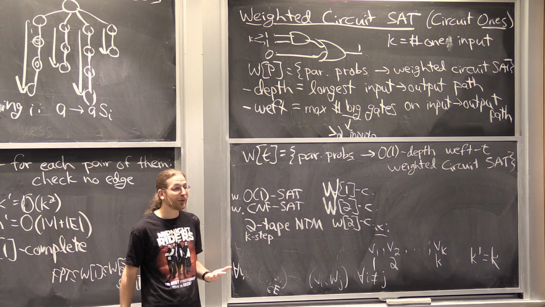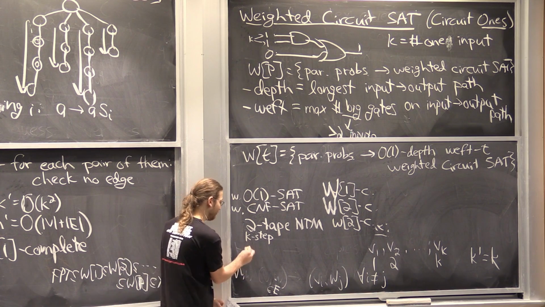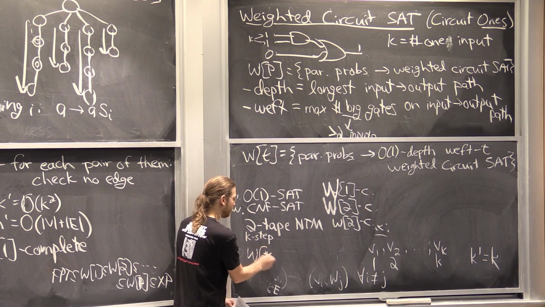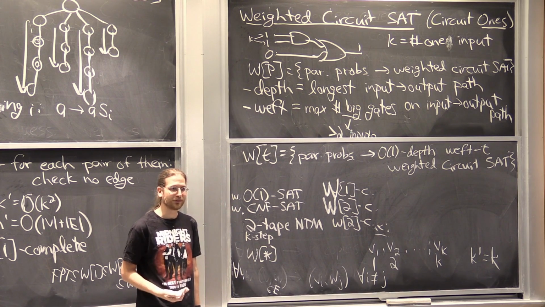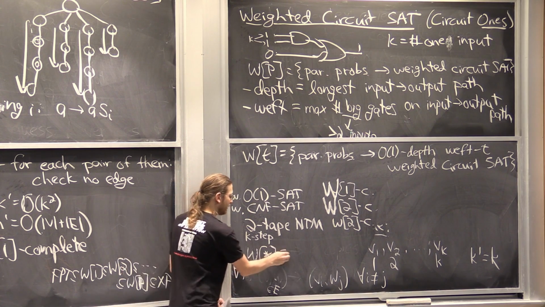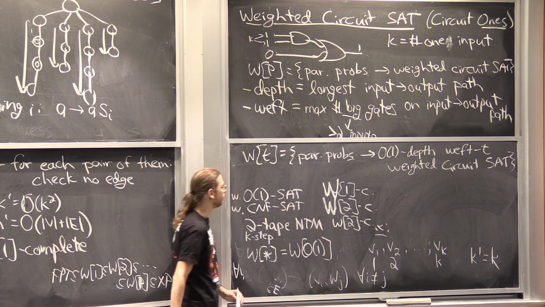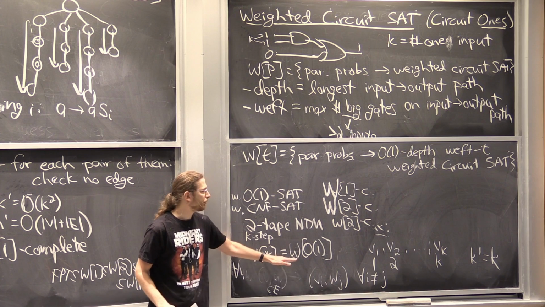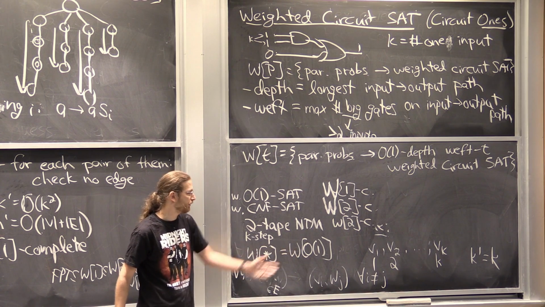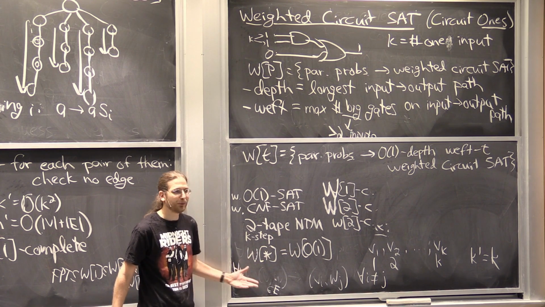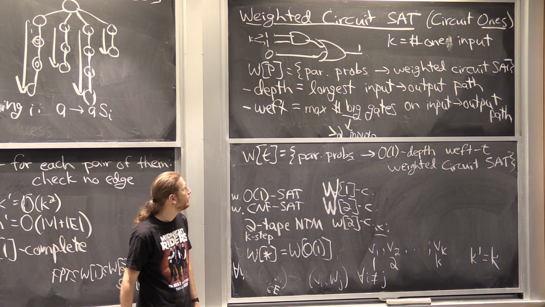I have seen problems that are hard for what's called W star. This W star is WT for all fixed T. You can think of that as W order 1. Sort of the same thing. So I've seen problems that don't depend on what T is. They're hard for all of them. But I've never seen a W3 complete problem. Maybe we can think of one.